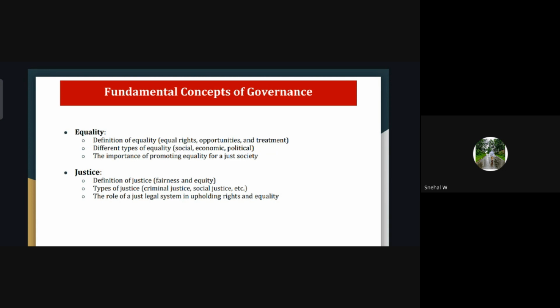If 15% women are there, it means what? Almost 85% male members are there in parliament, right? Huge inequality, isn't it? This is what is not expected by the constitution. Therefore, we have given equal voting rights and equal election contesting rights, but despite that, we have not been able to realize it.